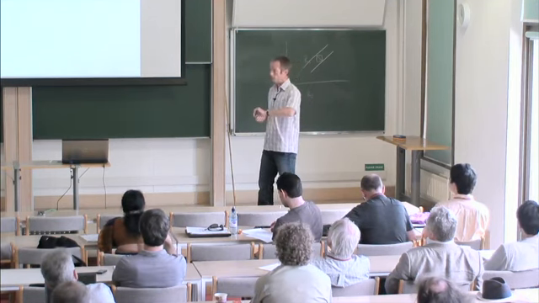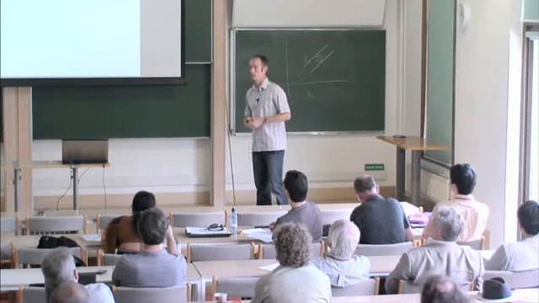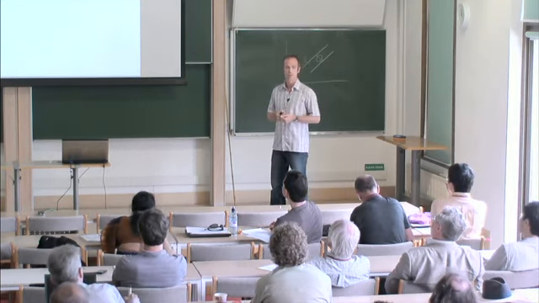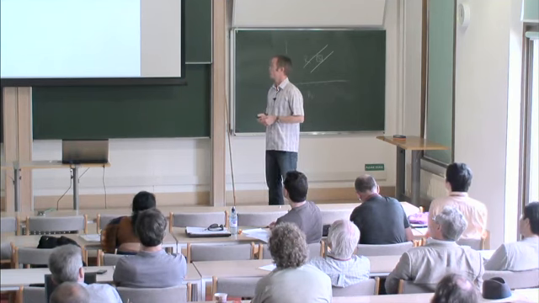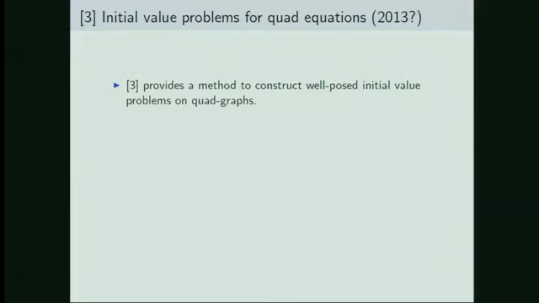So now I come to the second part, what to do if you have a quad equation and how to define initial values there. In this preprint, I provide a method to construct well-posed initial value problems. Maybe it's not clear whether they are Cauchy or Goursat on these graphs, but I just call them initial value problems.